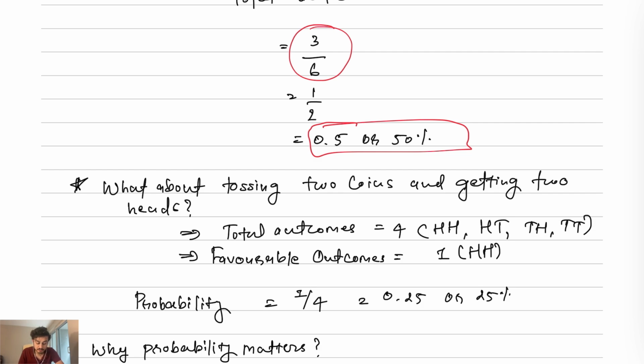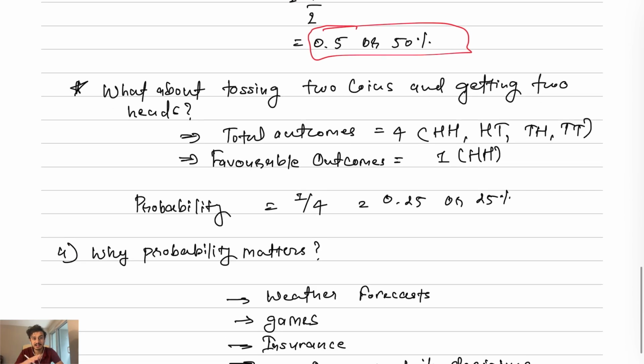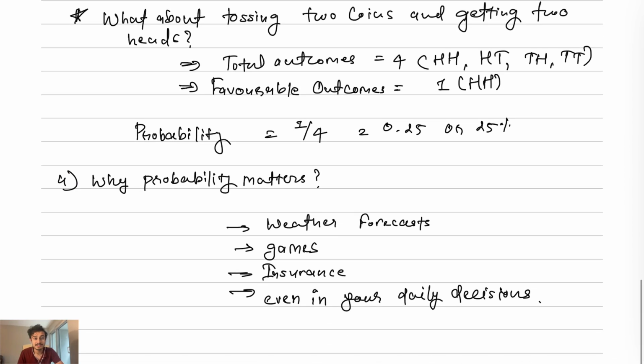But what we would like to find is 2 heads altogether when you toss the coins at the same time. What percent chance is there that you can get heads on both coins? So only one chance, right? We had heads heads. So 1 by 4, which is 0.25 or 25%. So there is a 25% chance that you can get heads on both coins.